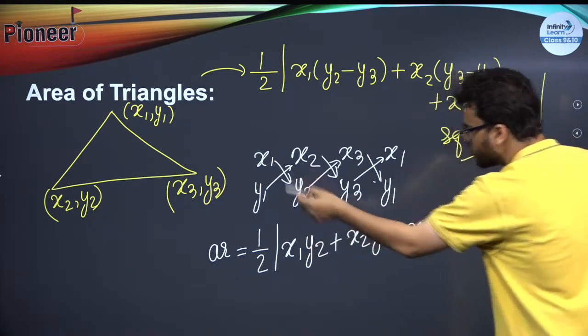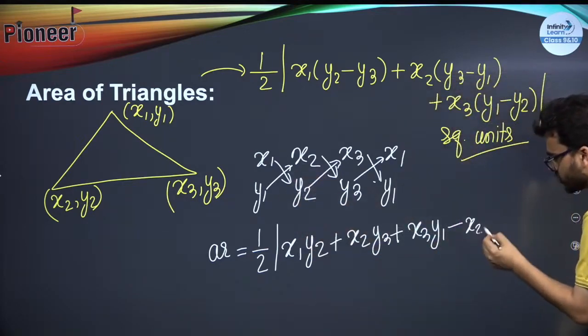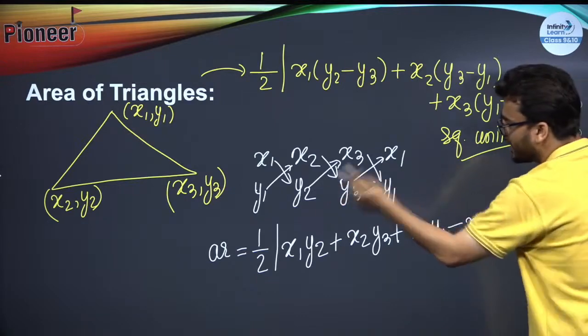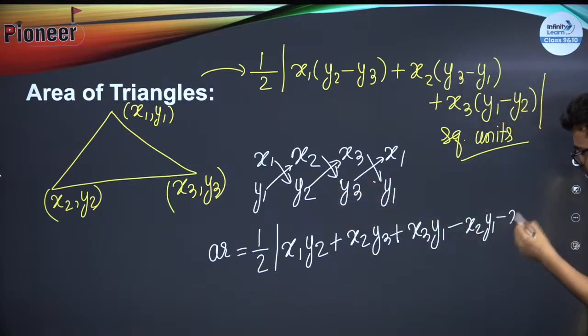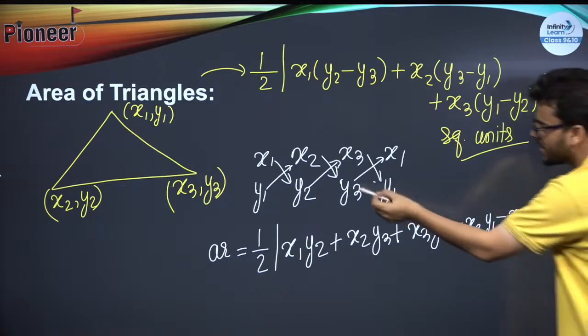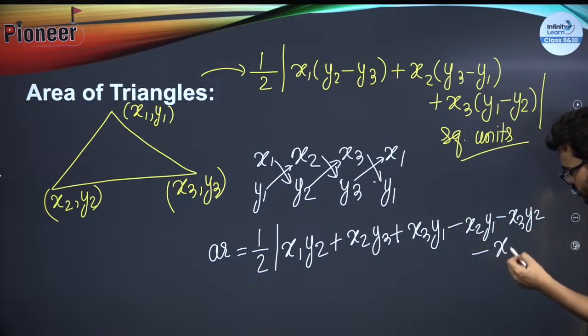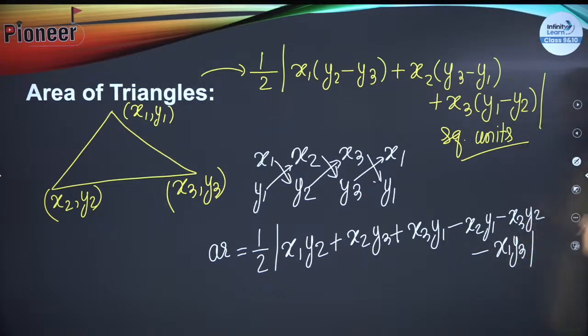So that will be minus x2, y1, minus x3, y2, and then minus x1, y3. That's how you remember the formula. You see this thing and this thing, they are the same.